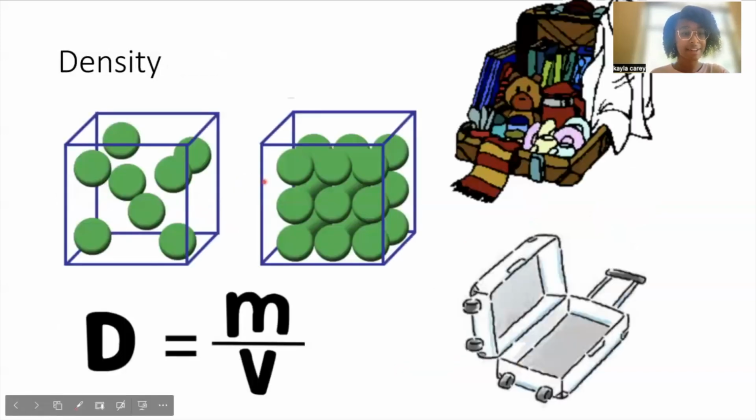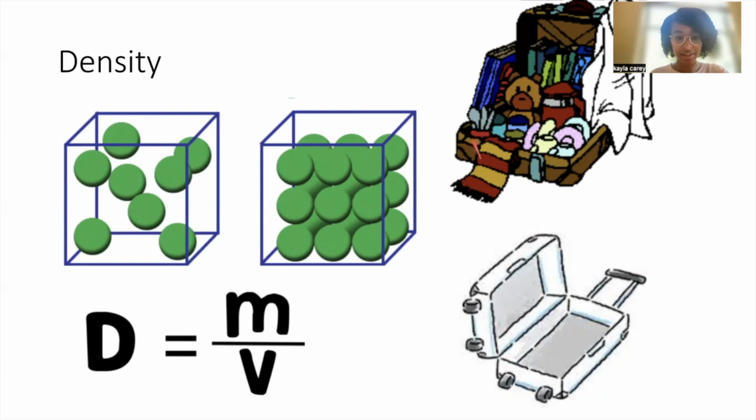So the density of an object is how much space it takes up relative to its mass. In other words, the density of an object is how much mass it has over how much volume it has. So think of a suitcase. One suitcase is stuffed with clothing, while the other has no clothes. So they're both the same size, right?